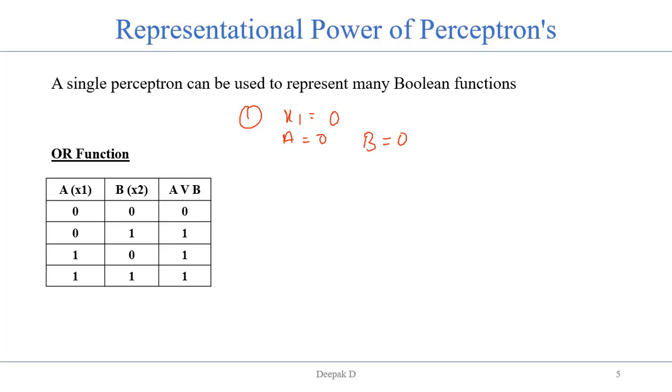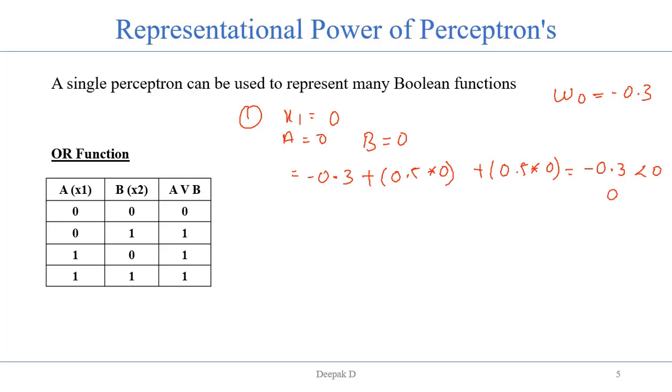Substituting these values in the equation we have already seen, with w0 set as minus 0.3: minus 0.3 plus 0.5 into 0 plus 0.5 into 0. So the output will be minus 0.3.